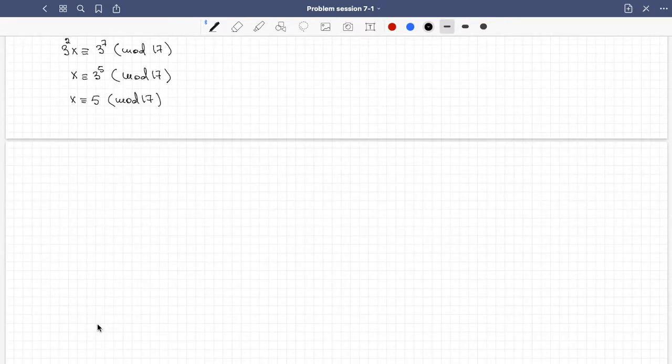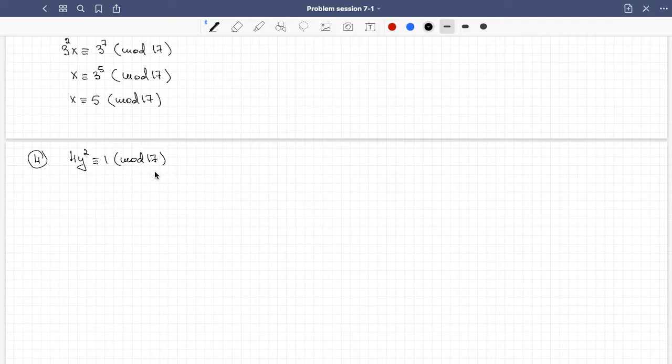Next, congruence to solve, example 4, exercise 4. Solve the congruence y squared is congruent to 4 modulo 17.